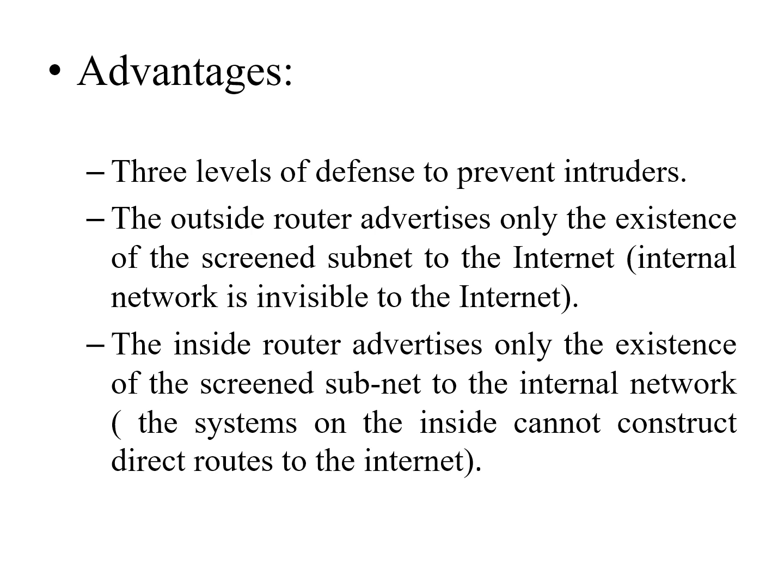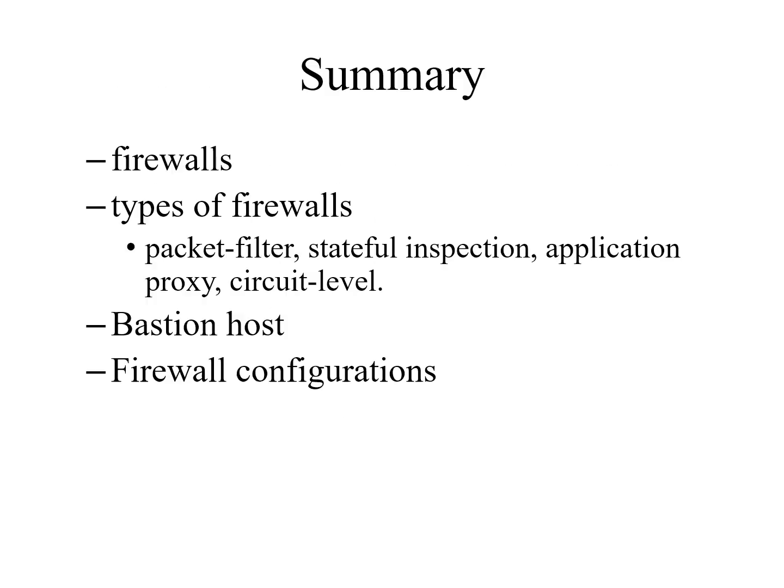Inside router: the inside router, connected to the private network, also only advertises the screened subnet to the internal network. This means systems inside the network can't directly reach the internet. They have to go through the protected area. In short, we can say these routers help keep the internal network safe by hiding it and making sure traffic goes through protected areas first.